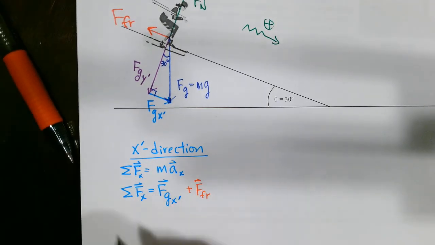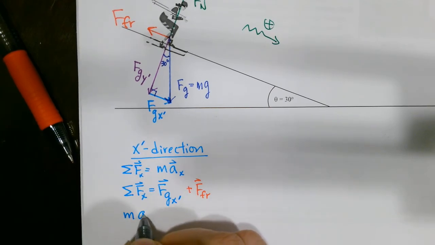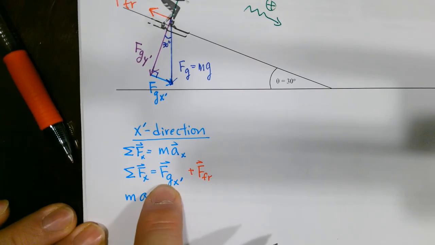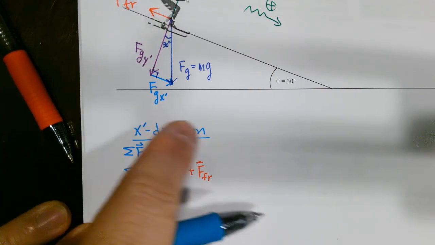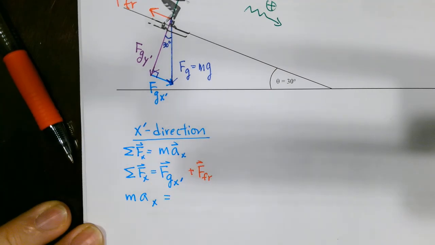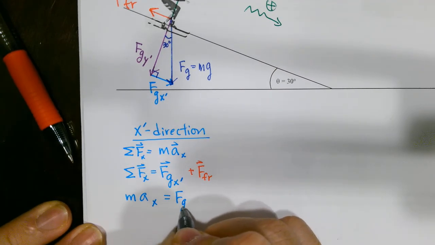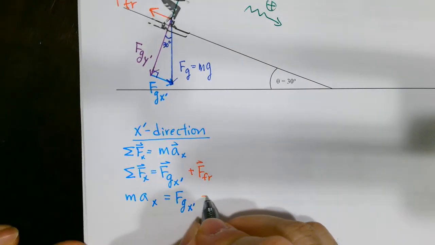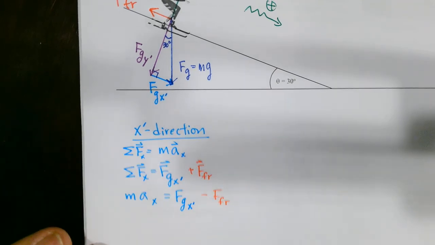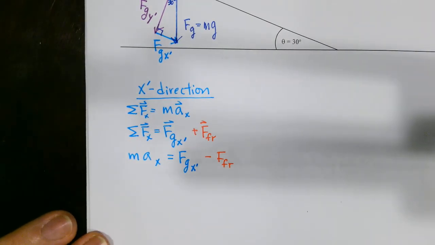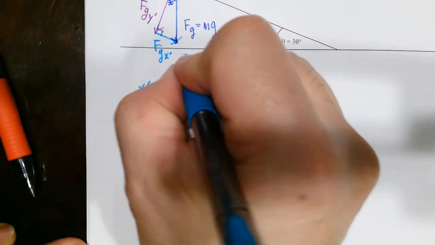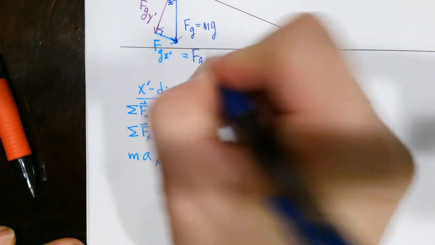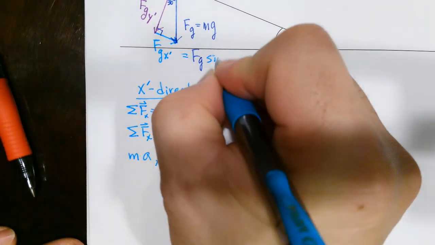So m a x, if I set them equal to each other, is equal to Fg x, and that is positive because that is going in the direction of motion, minus friction. Now my Fg x is equal to Fg times sine of theta.